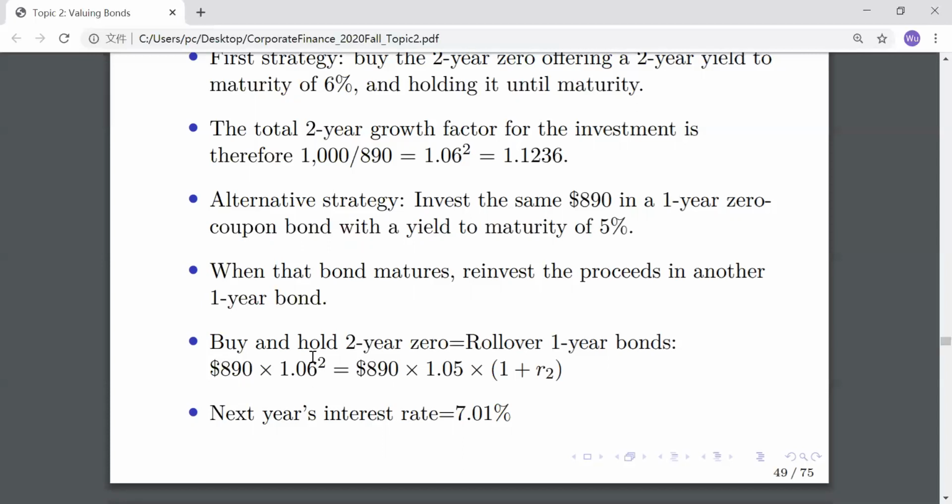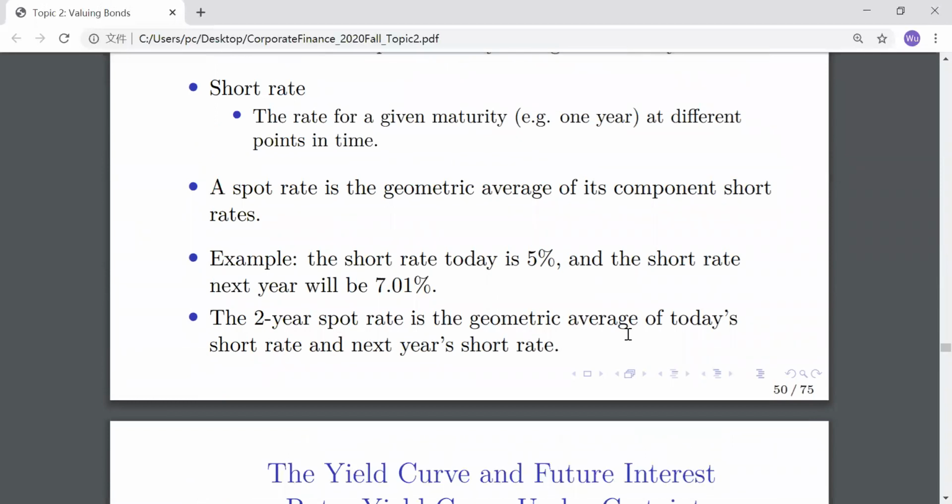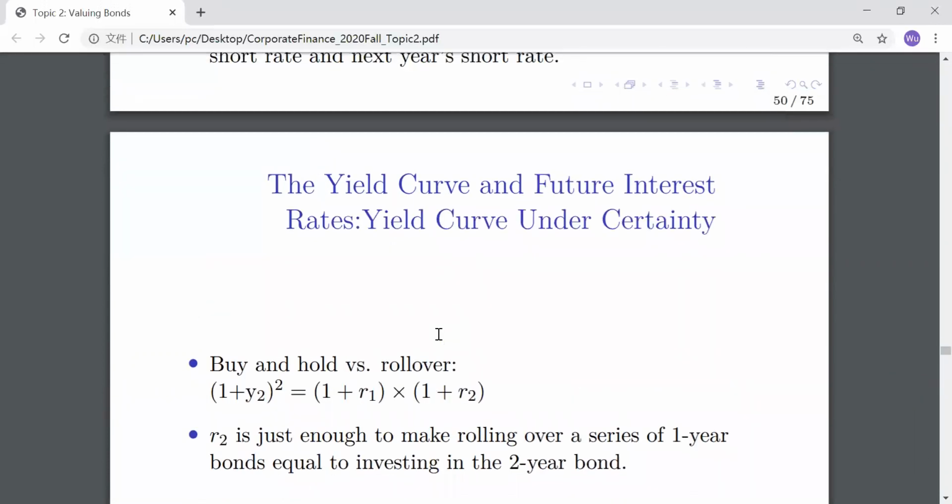This 6% is the spot rate, because this is the yield for a given maturity, the 2 year zero. So this equation tells us that the spot rate is the geometric average of these two. What are these two? These are the two short rates for the 1 year zero. So for example, the 2 year spot rate is a geometric average of today's short rate and next year's short rate. This is already coming from our numerical example.